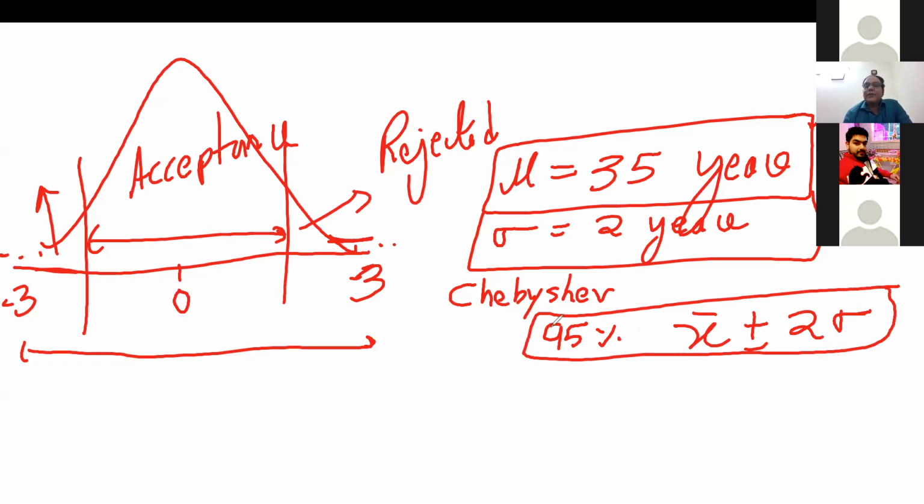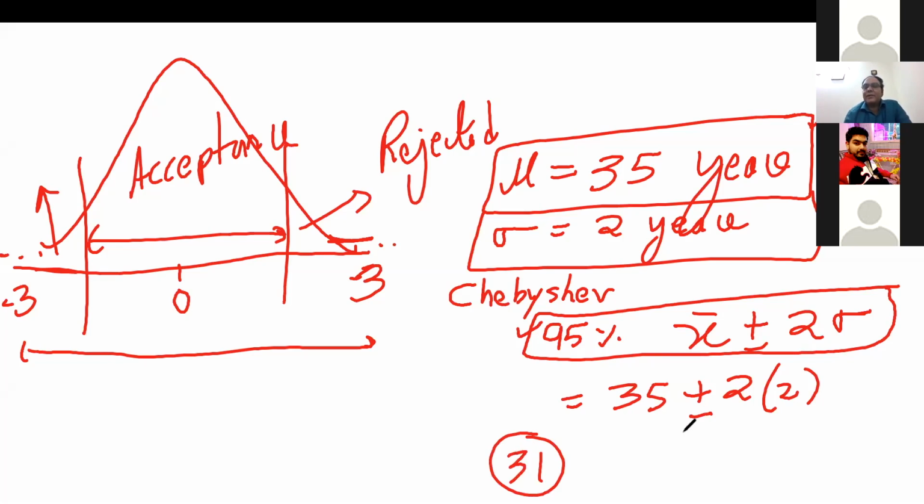So with the confidence level of 95%, I have this mean plus minus 2 standard deviation. So my mean is 35 years, multiplied by standard deviation 2. So if I take minus, it will be 31. If I take plus, it will be 39. So it means 95% of the population should lie between 31 and 39.